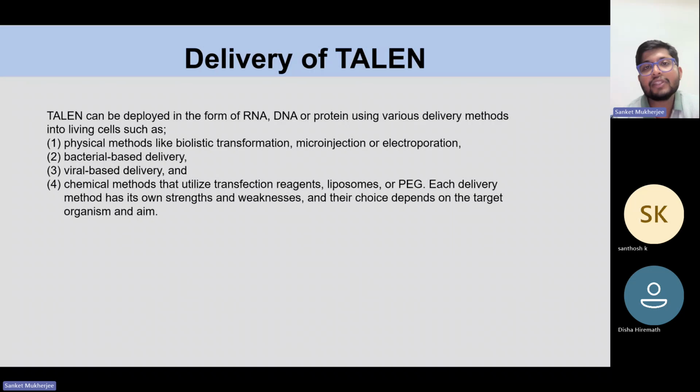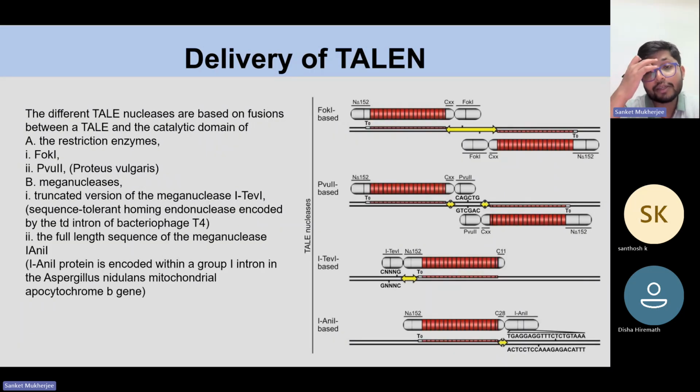Based on the aim of your experiment, you will design how you would like to deliver. The different TAL nucleases are based on fusion of TAL with either FokI or PvuII, or some meganucleases, like truncated versions of meganucleases.